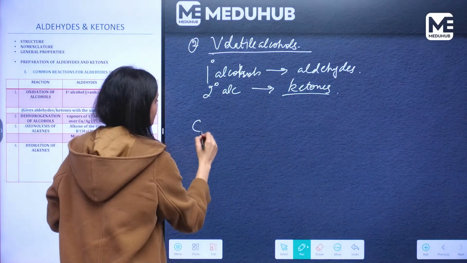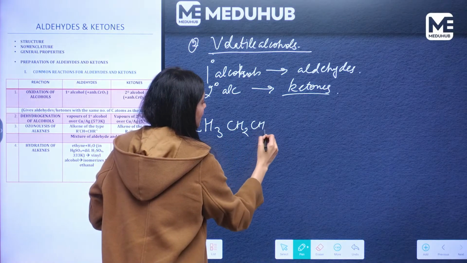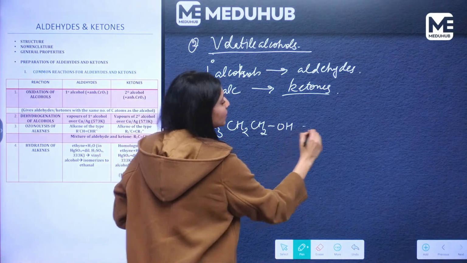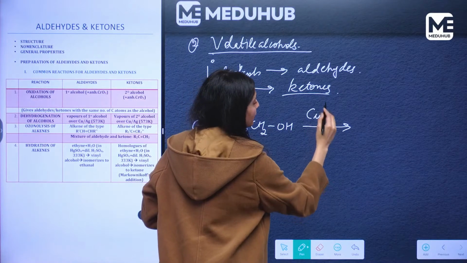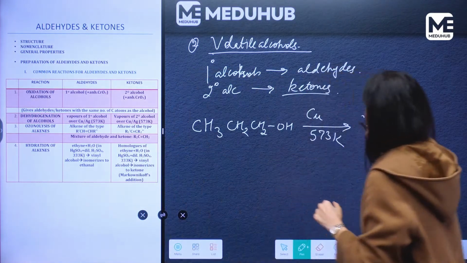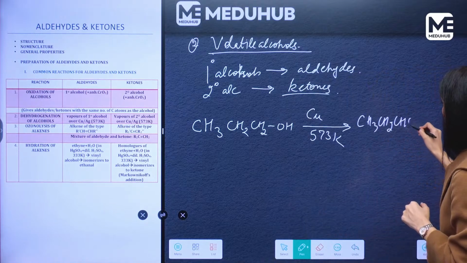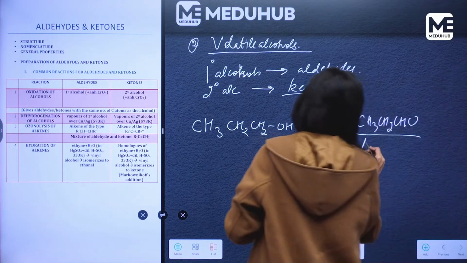Let us take some reactions to understand it. CH3CH2CH2OH here, when passed over copper at 573 Kelvin, we will get CH3CH2CHO, propanal.